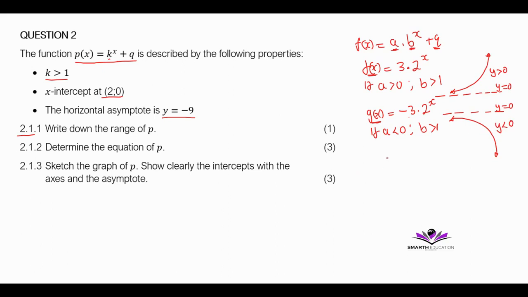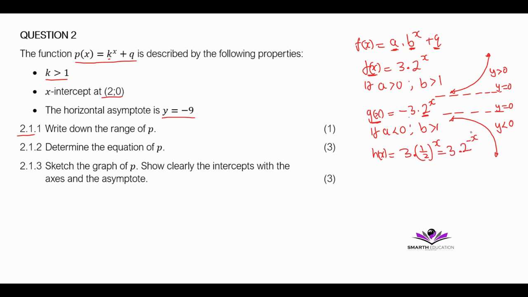Then the third situation, let's say our base is between 0 and 1. Let's say we have h of x is equal to 3, a is positive, and then our base is 1 over 2 to the power x. Please take note, this is just the same as 3 times 2 to the power -x.